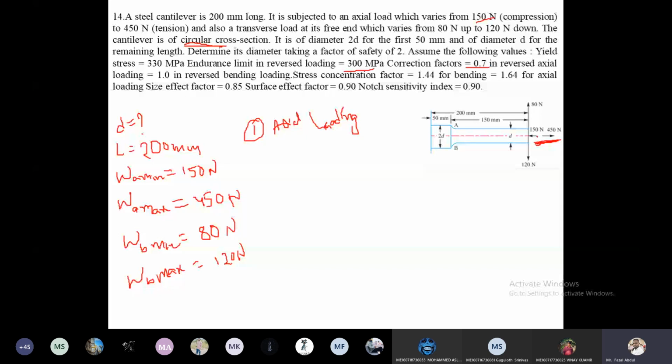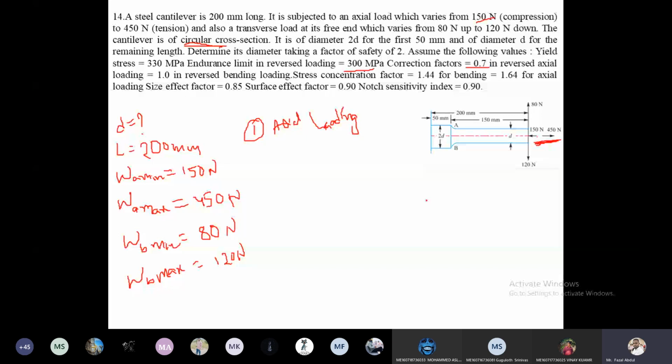So for that, the equation is the equivalent normal stress due to axial loading.